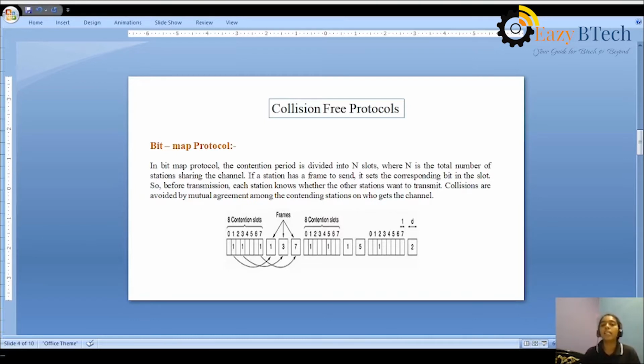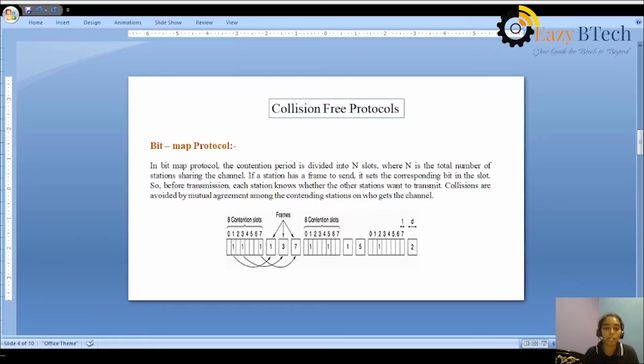The particular time will be divided into slots according to how many stations are sharing that channel.